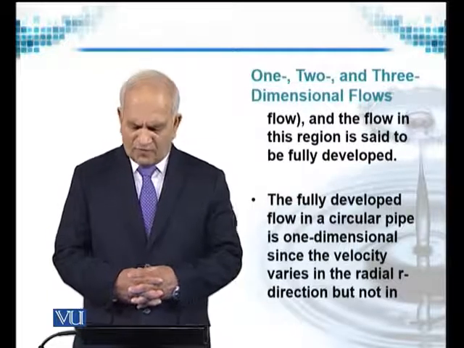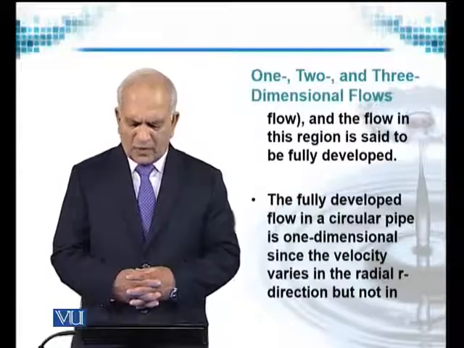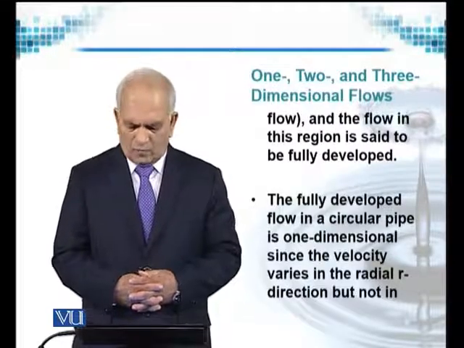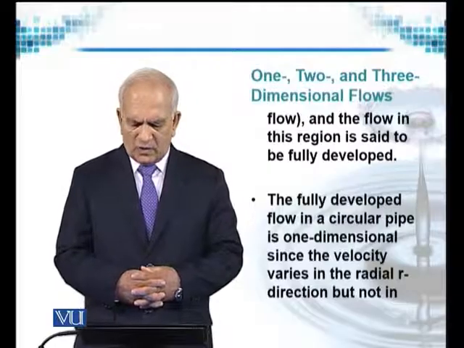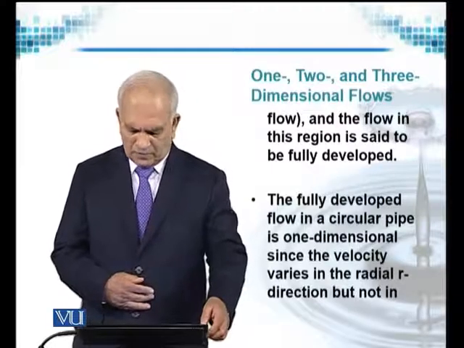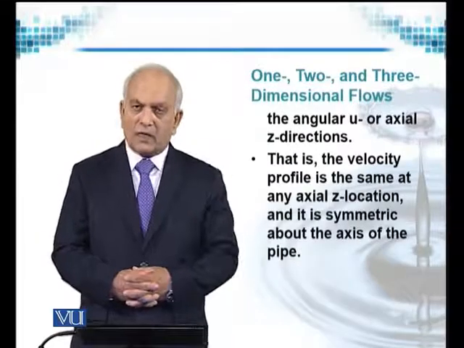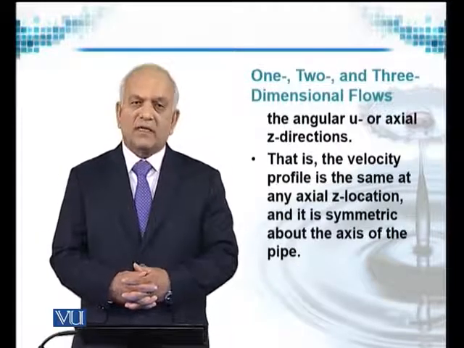The fully developed flow in a circular pipe is one dimensional, since the velocity is now changing only with the radius r, and it doesn't change in angular theta or axial z direction.